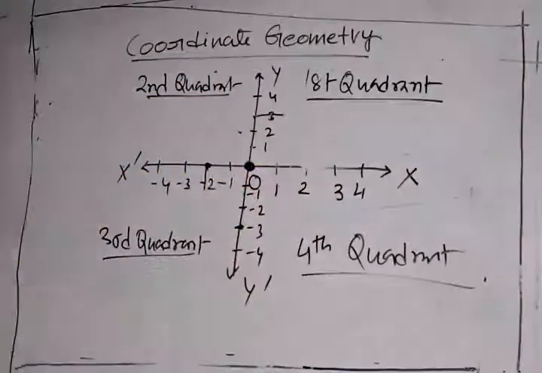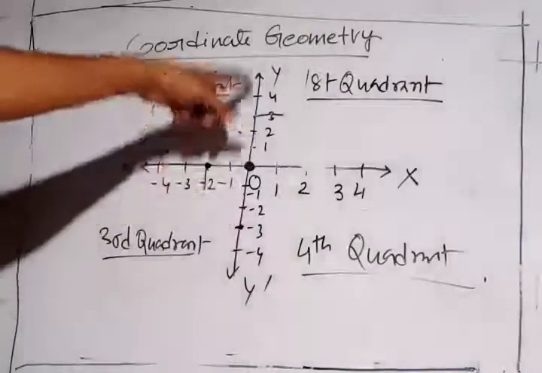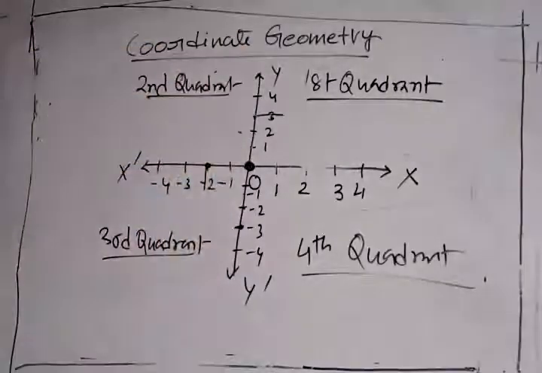These are positive, this is negative, this is positive y, this is negative y. So this much only about the introduction. After that we will be discussing the exercise. So you can write down all these things we have discussed in this introduction video. Thank you.